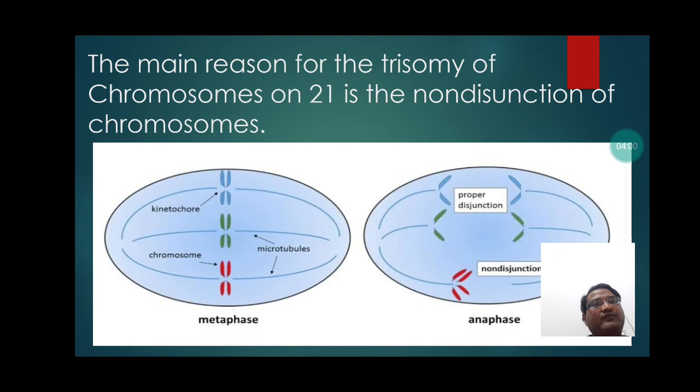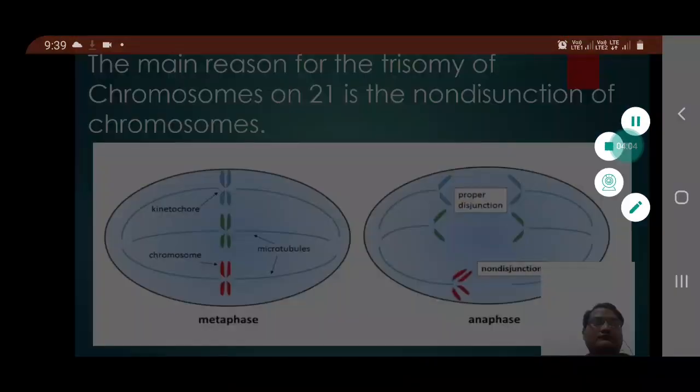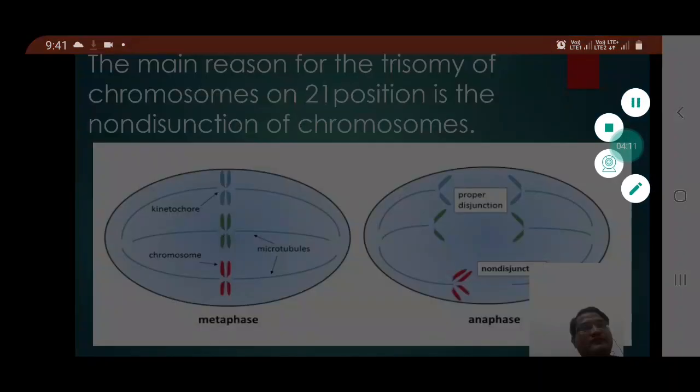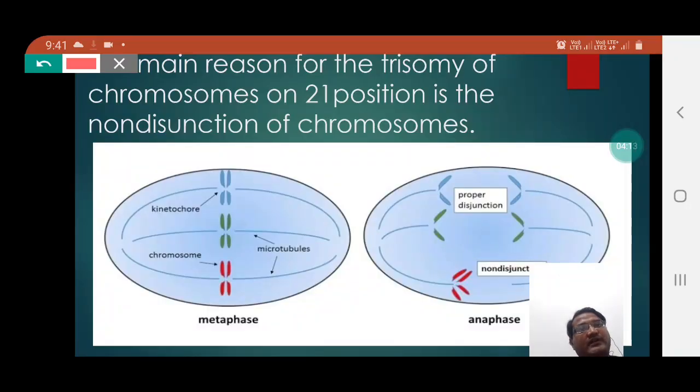The main reason for the trisomy of chromosomes is the non-disjunction of chromosomes. Students, just now we have studied that there occurs trisomy of chromosomes on the 21st position, which is the reason for Down syndrome.